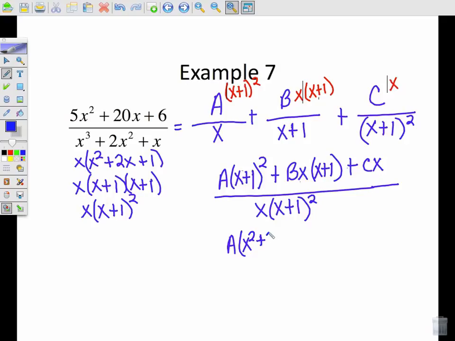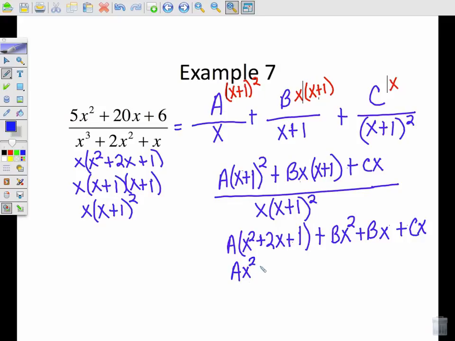A times x squared plus 2x plus 1 and plus bx squared plus bx plus cx.